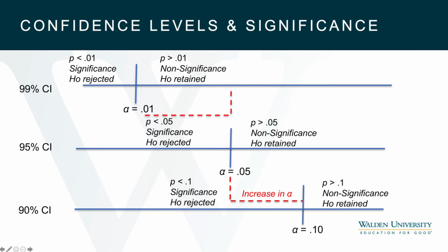I have that decrease in alpha. And in the medical field, we're dealing with maybe treatments, medication, we're dealing with live participants. So we don't want to make a mistake because that will have grave consequences for our participants. And that's why we set the confidence level very high there, 99%. Sometimes it's even set to 99.9%.